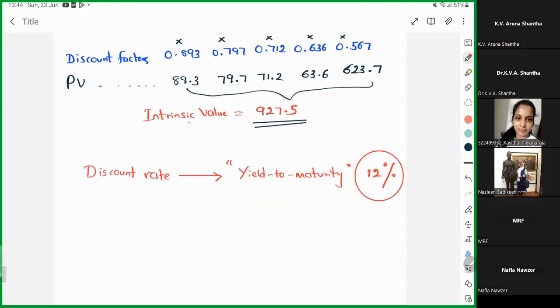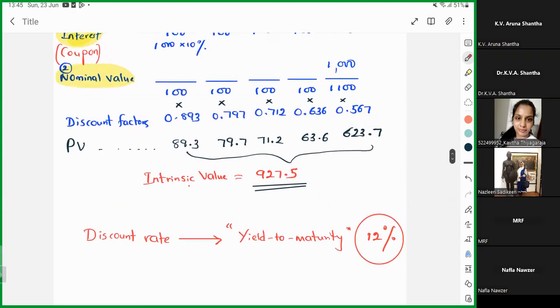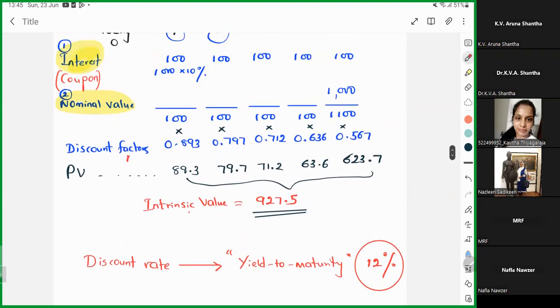In the next lesson, you will learn how to calculate this. We have a lesson on risk and return, where you will learn how to calculate the investor's required return. In this example, we have taken 12%, so you got the discount factors at 12%.